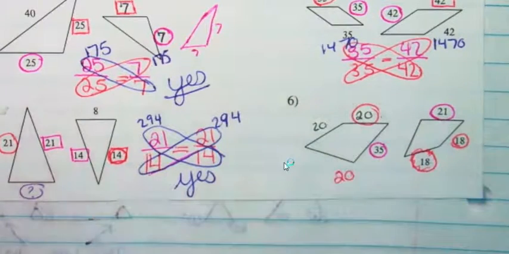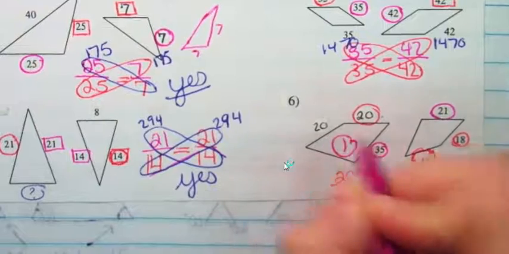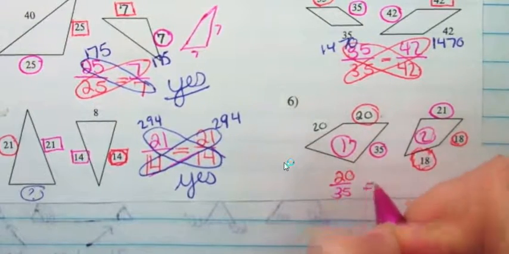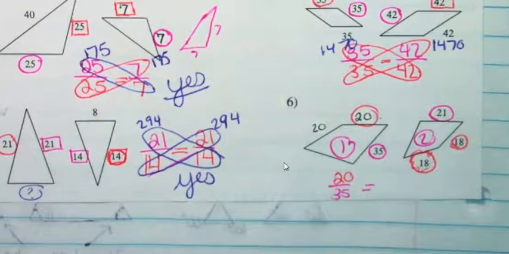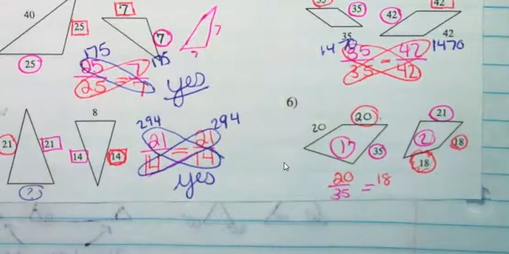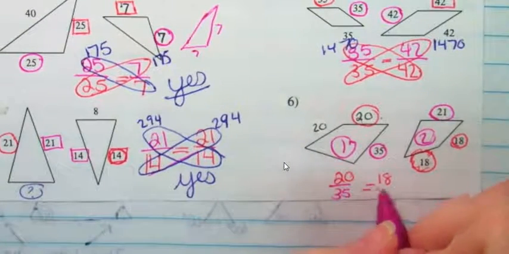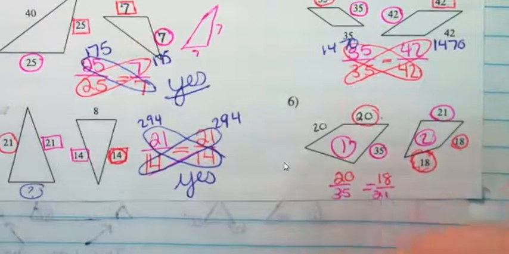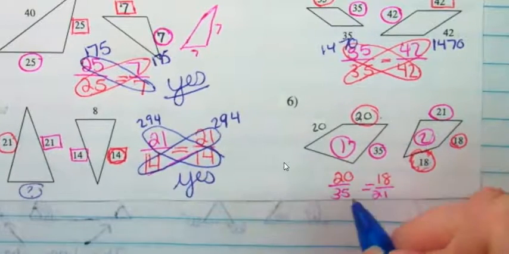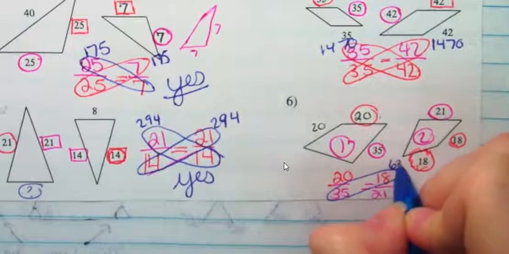I have 20 over 35. I got that from shape number 1. My second ones come from shape 2. So let's see, I have an 18 matched up with my 20. The colors were the same. And 21 went with my 35. So when I did my cross multiplying, I should have done 35 times 18, which gave me 630.